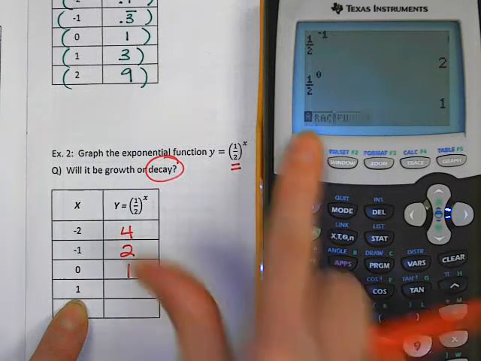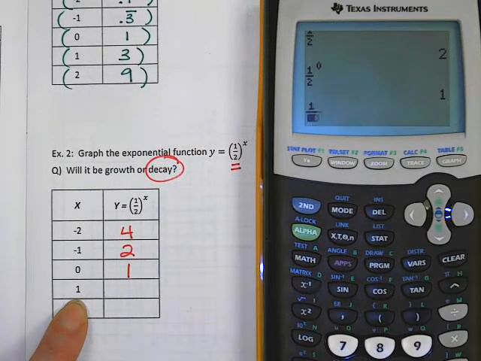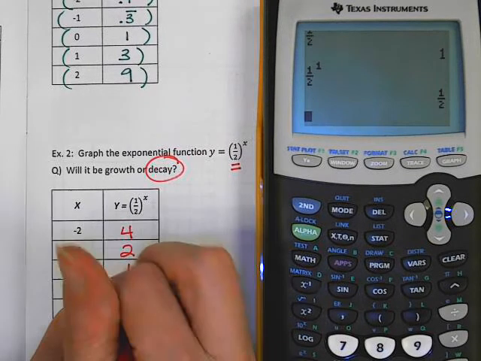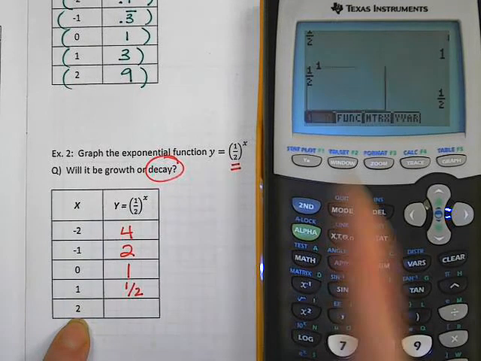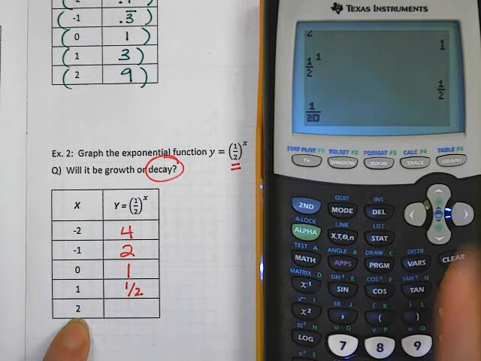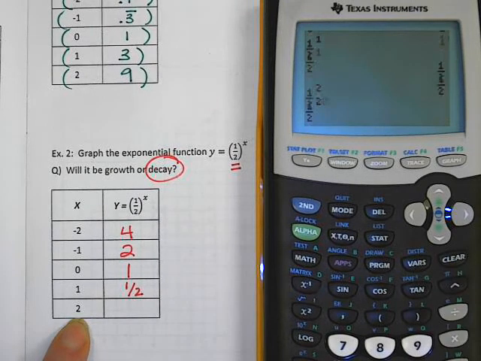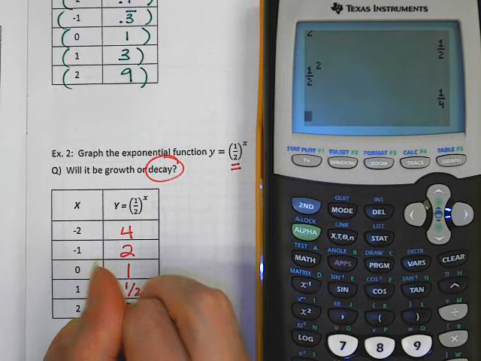Then we got 1/2. Some of these you guys don't have to use the calculator for. Raised to the 1 power. Well, anything to the 1 power is itself, so that's still just 1/2. And now 1/2 raised to the 2 power. That's going to be 1/4.